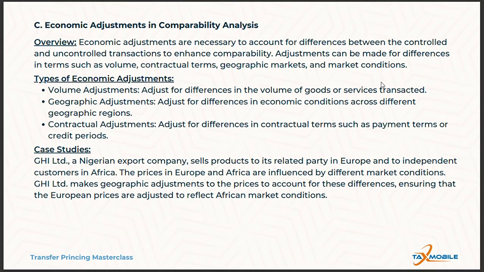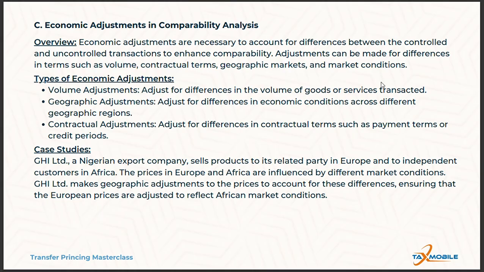Another thing that I want to talk about is the statistical method in comparability analysis. When you are conducting comparability analysis, the results often yield multiple potential comparables. In cases where the comparability of these results varies, statistical methods can help refine the analysis and ensure accuracy.